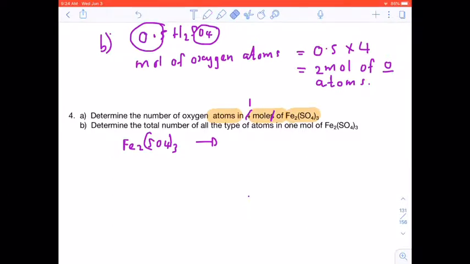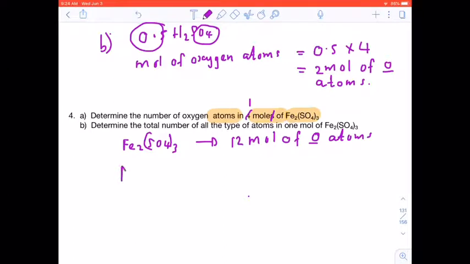So that would then have 12 moles of oxygen atoms, because here you have 4 times 3, which gives us 12 moles of oxygen atoms.